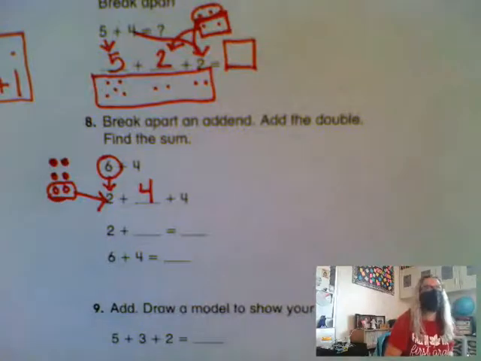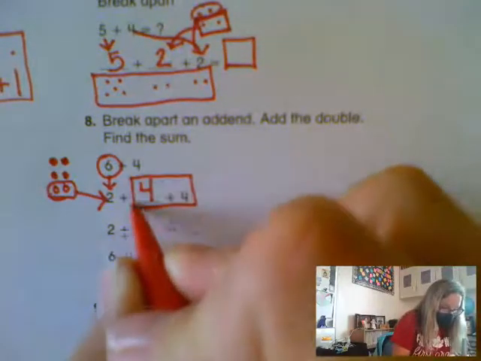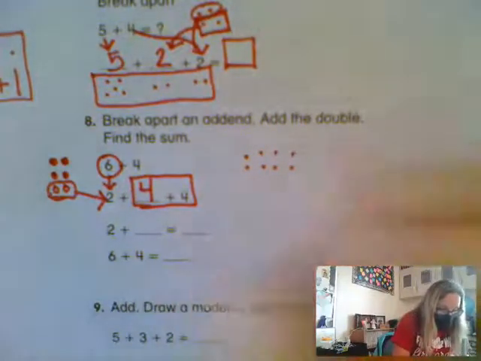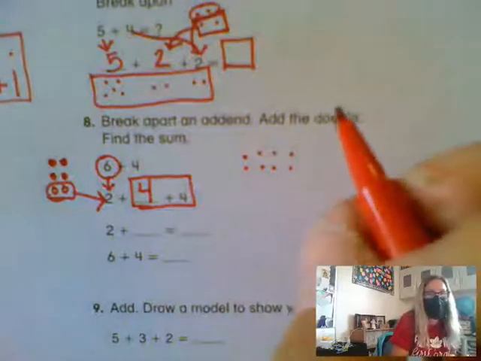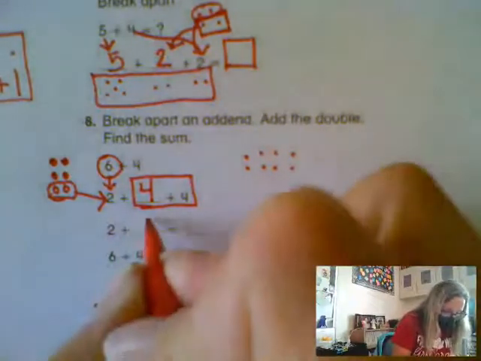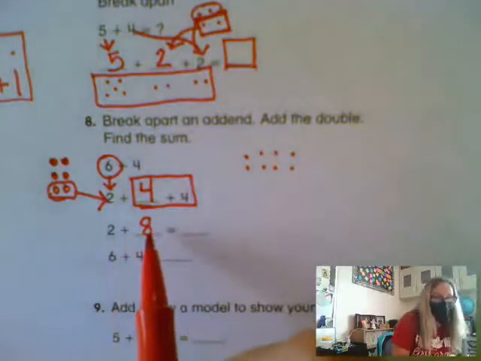Okay. Now we have a doubles. 4 plus 4 is a doubles. 1, 2, 3, 4, 1, 2, 3, 4. That's a doubles. If we add those up, 1, 2, 3, 4, 5, 6, 7, 8. Now we have 2 plus 8.